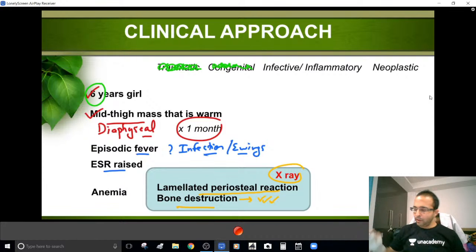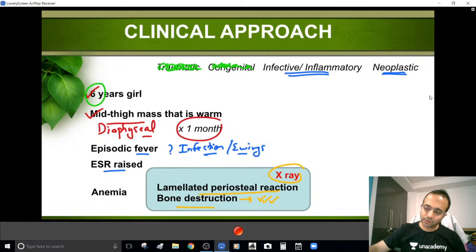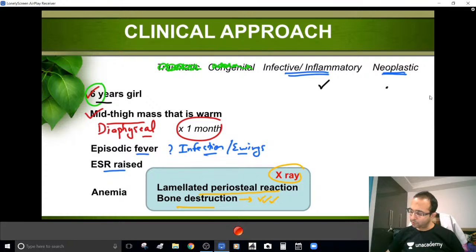Okay. So my choice now remains between an infective inflammatory lesion or a neoplastic lesion, and both remain a possibility going by this history. So let me now give points to each. 6 years age, so could be both, because infection and neoplasm both can present in this particular age group.